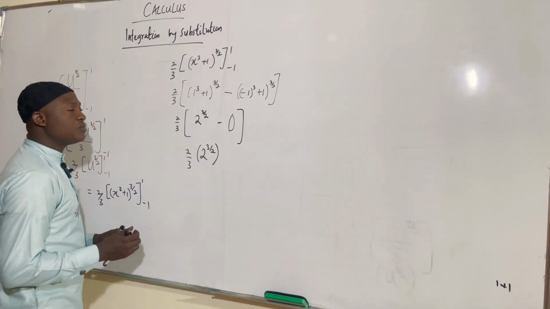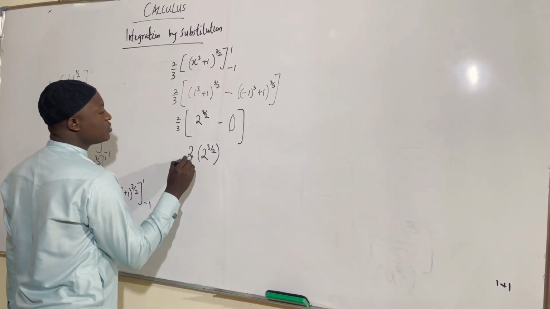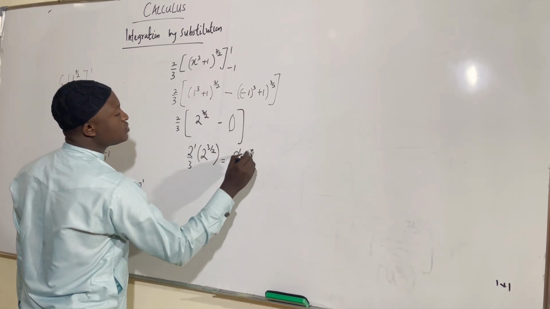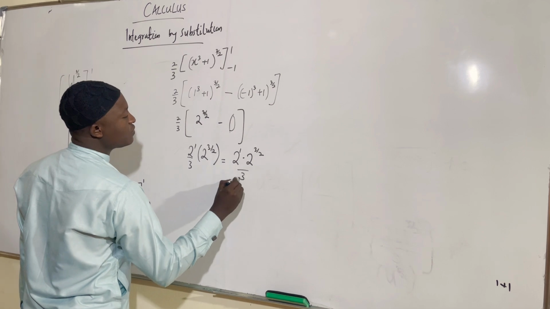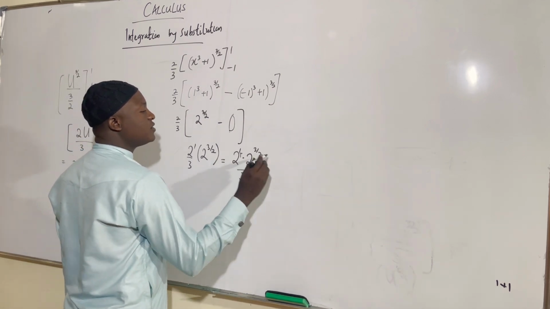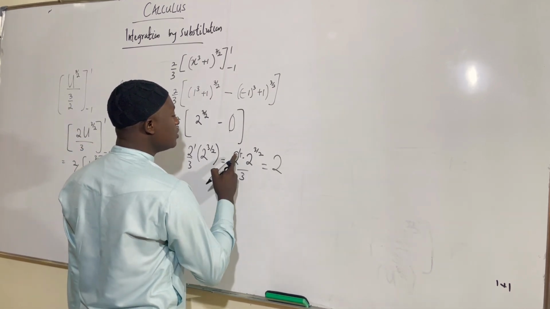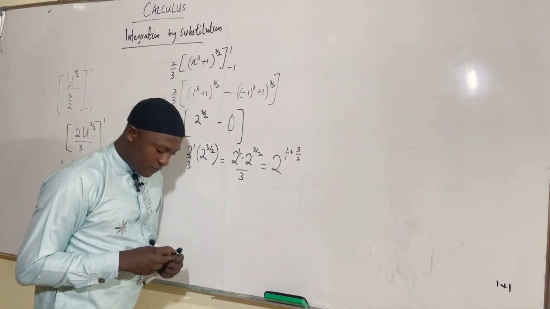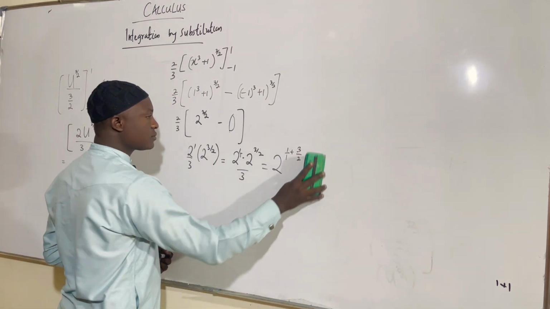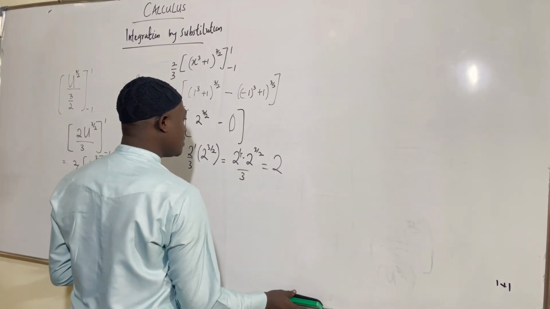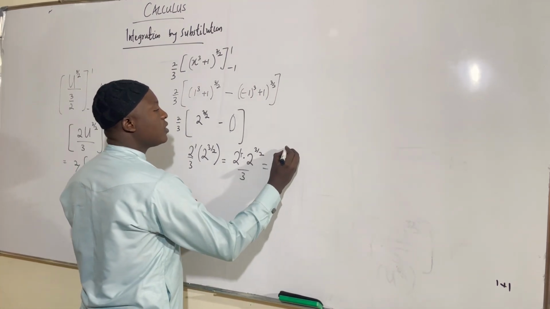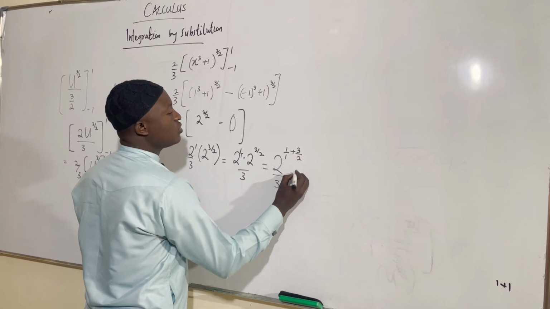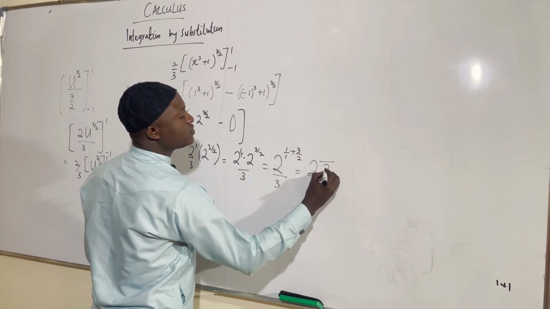I can use indices to evaluate this. This one is nothing but 2 raised to the power of 1. If I do that, I can have 2 raised to the power of 1 times 2 raised to the power of 3 over 2, all over 3. So if I find the LCM of this one, what we have here is 1 over 1 plus 3 over 2. So here I can have the LCM of this one is 2.